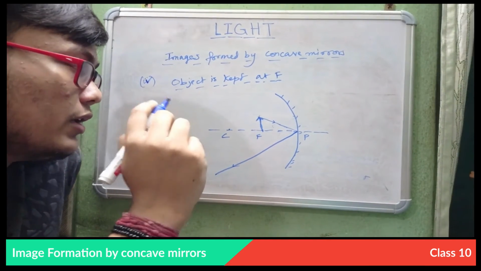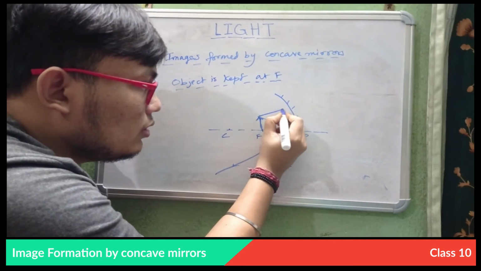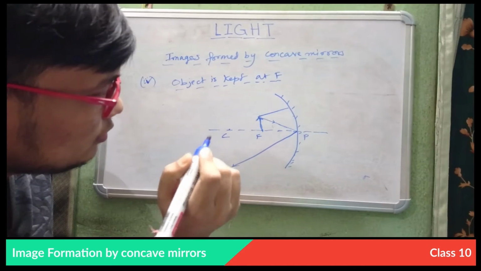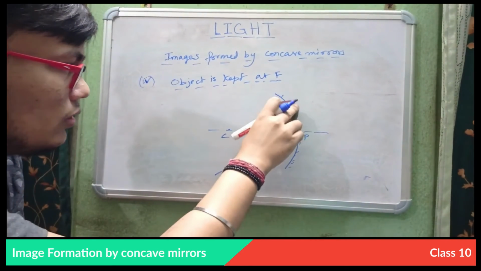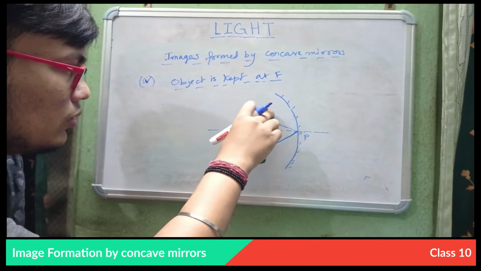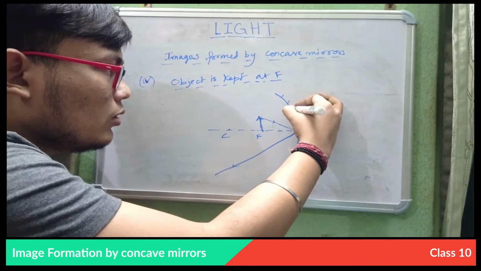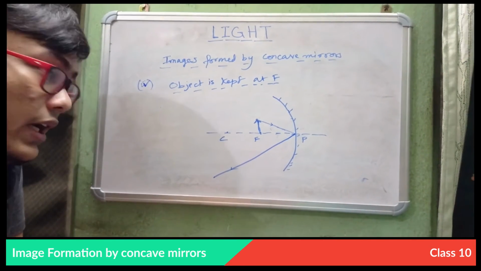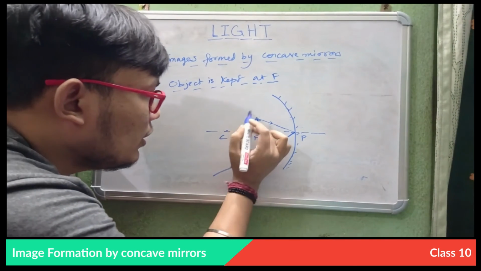Now for the second ray, it will pass through the center of curvature.